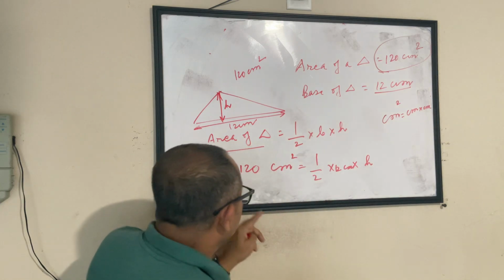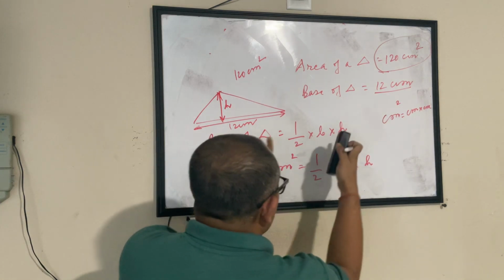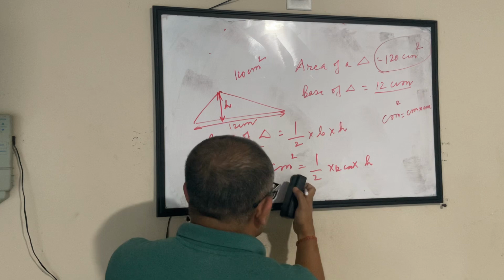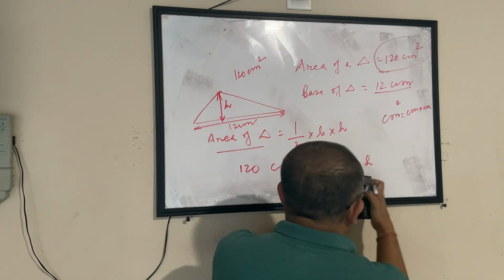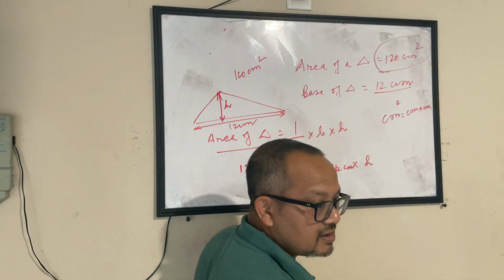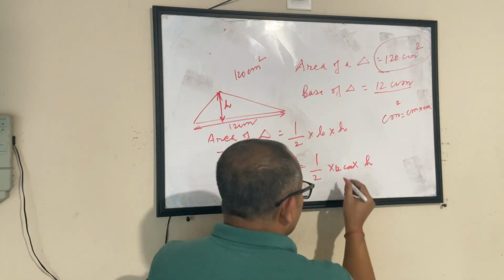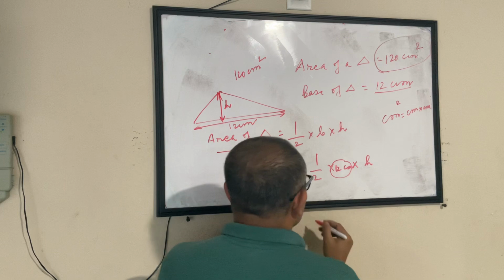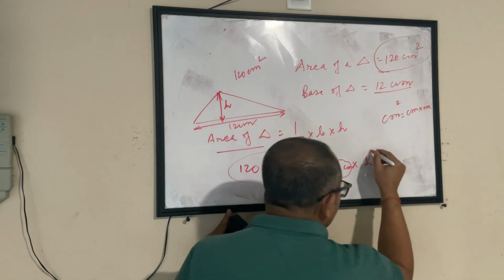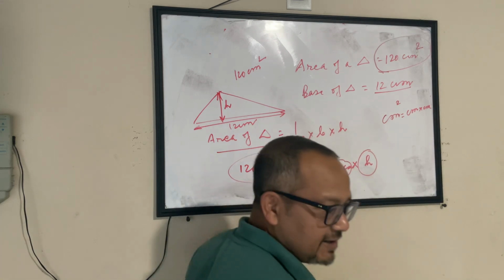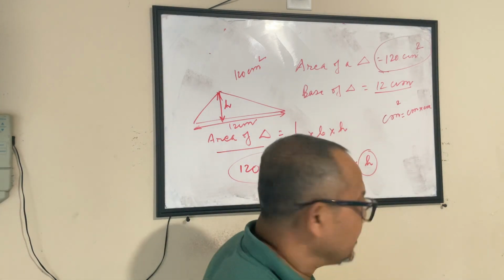In this formula, I am putting area is 1/2 into base into height. Area is given, 120 centimeter square, half into base, 12 centimeter, into height. So we know the value of base, half is a number, area we also know. What we are trying to find out is this height. Everybody with me so far?